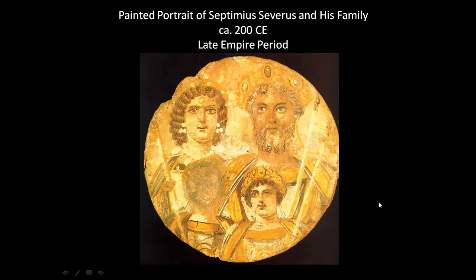One of the first things that Caracalla does as emperor is he kills his brother Geta because he sees his brother as a threat to his power. And then he goes in and he just erases the image of Geta, pretending hopefully that this person never existed. This shows the kind of person that is ruling over Rome.